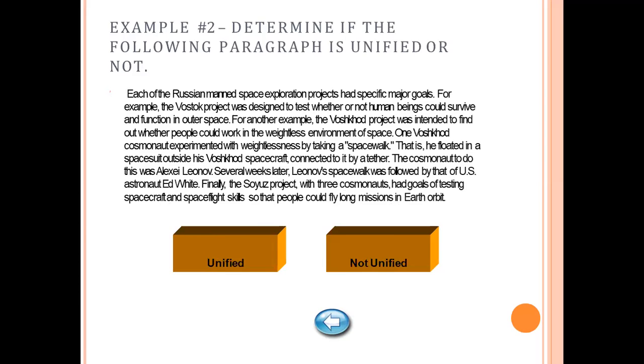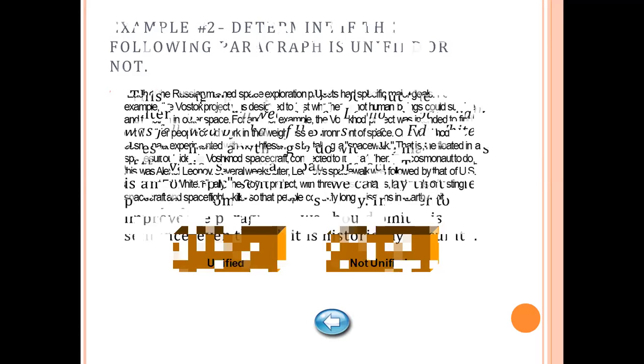Several weeks later, Leonov's spacewalk was followed by the spacewalk of U.S. astronaut Ed White. Finally, the Soyuz project with three cosmonauts had goals of testing spacecraft and spaceflight skills so that people could fly long missions in Earth's orbit. So, in your opinion, is this paragraph unified or not? Let's analyze it.